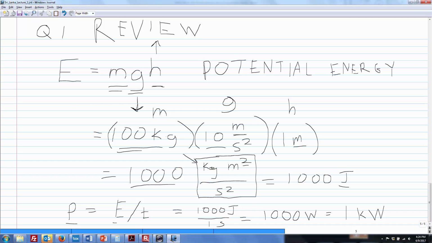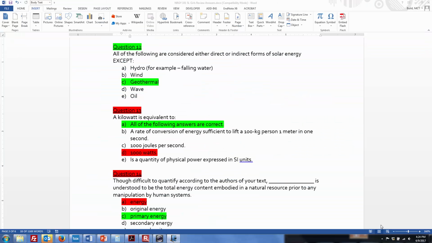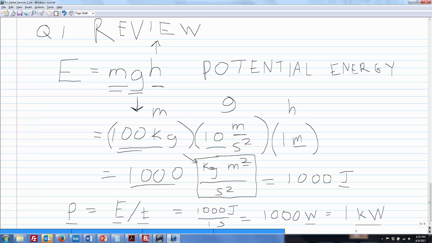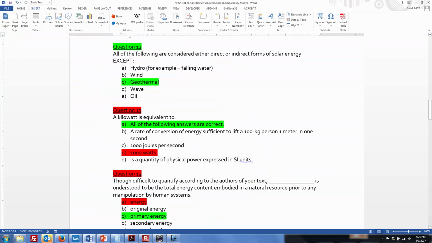Power is energy divided by time, and we go from joules per second into watts, and that is in fact 1 kilowatt. A kilowatt is also 1,000 joules per second. We know that's correct, and we also know that kilowatts are SI units.